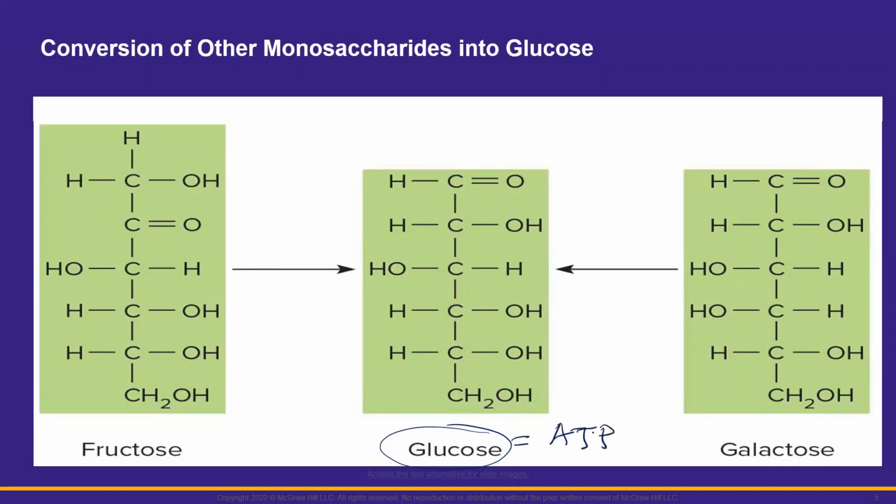Mostly one molecule of glucose will produce about 38 ATP in the mitochondria. Other monosaccharides like fructose and galactose cannot be used directly to make ATP. They all will be converted into glucose, and then the glucose goes through the process that produces ATP, called cellular respiration.